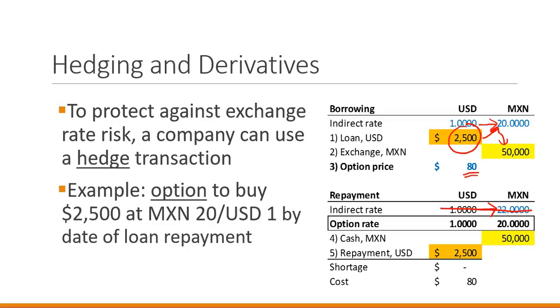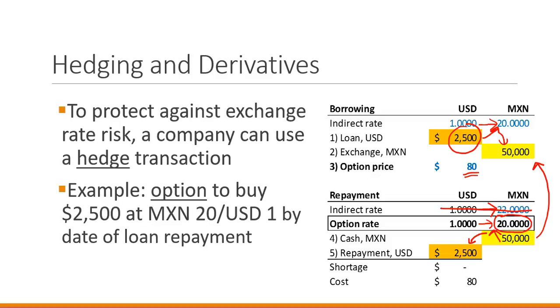We have the option to maintain the relationship. $1 equates to 20 pesos. So we have 50,000 Mexican pesos. At the 20 to 1 rate, we can now acquire $2,500 for the 50,000 pesos. That is the same number as we originally converted to with our dollar loan.